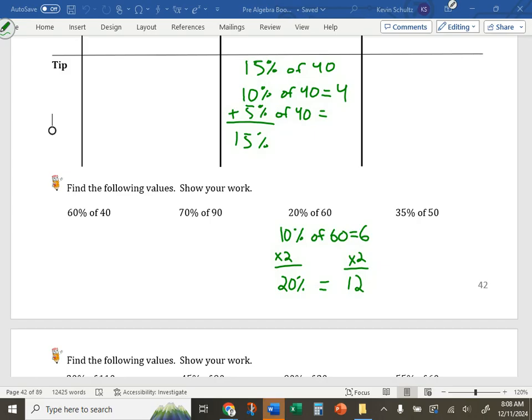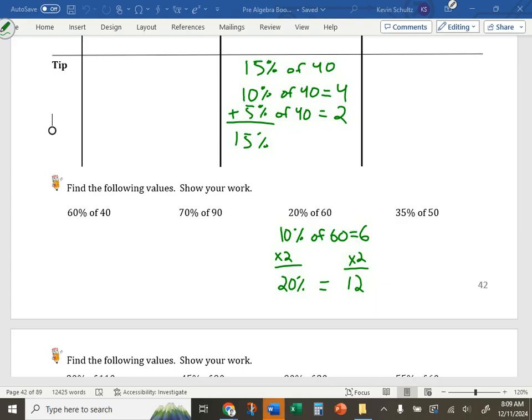If 10% is 4, and 5% is half of 10%, what would 5% of 40 be? 2. Right? If 10% is 4, and 5% is half of 10%, then this is going to be half of 4. 2.